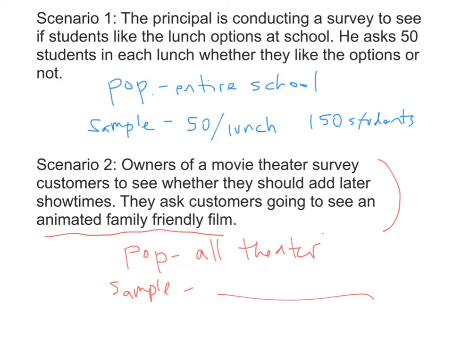But then should they be asking me whether there should be later showtimes? Probably not. Since my kids are in bed by 8, this would be not the best group of people to ask that question of. Other people might go to shows at a later time of the day, but probably not people who are going to a family-friendly film. At least not as much.